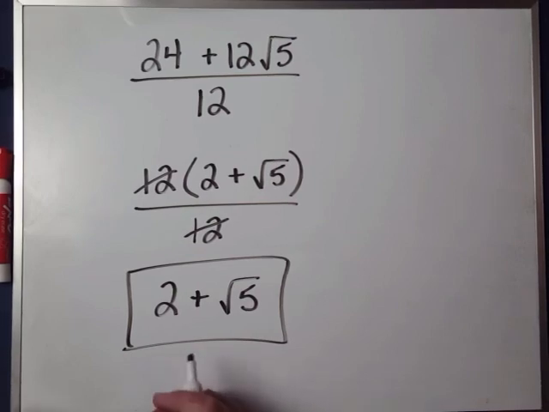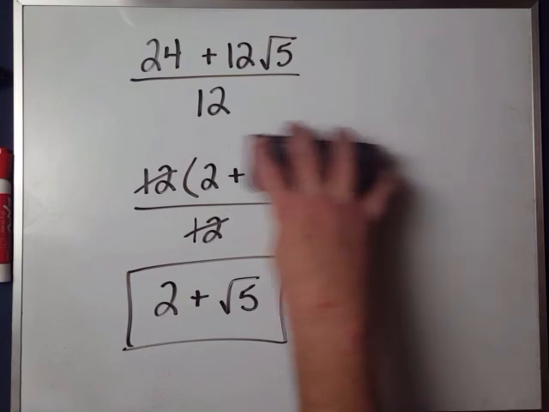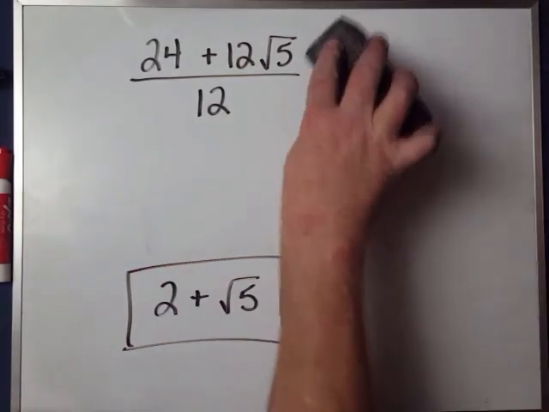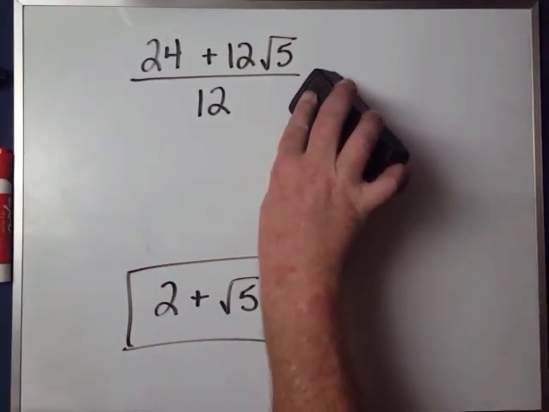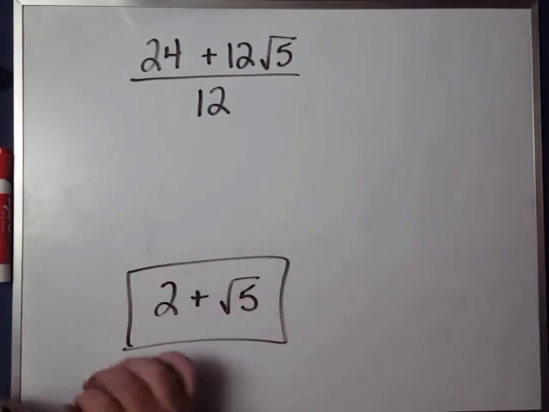What I would prefer is that you get comfortable with saying, hey, every single term here contains a factor of 12.